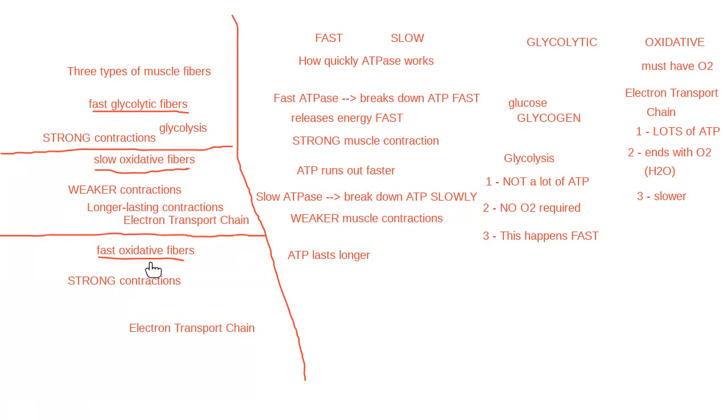Because remember, oxidative means I build a lot of ATP. So if I'm constantly building ATP, it doesn't matter if I'm chopping it up really quickly. If I'm still always making it, that means I can do my movement for a longer period of time. Does that make sense? I kind of tied a few things together.